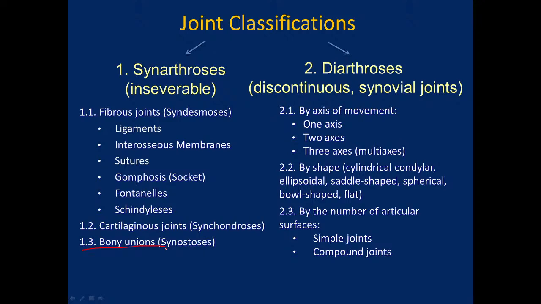It is just a combination of 2 bones. Between them we have neither cartilaginous tissue nor fibrous tissue, but only osseous or bony tissue. It means that this is an absolutely immovable group of joints.